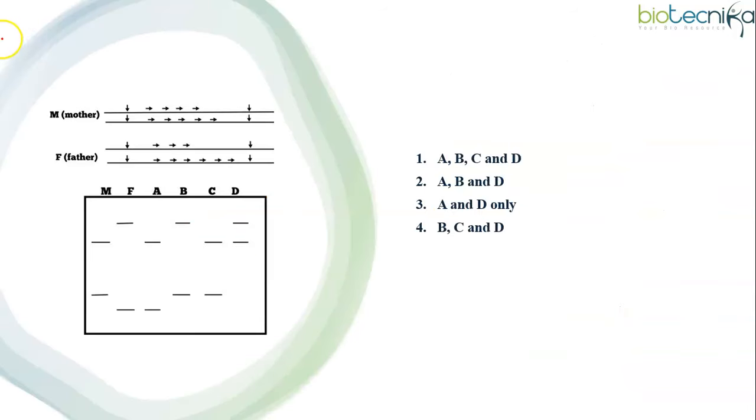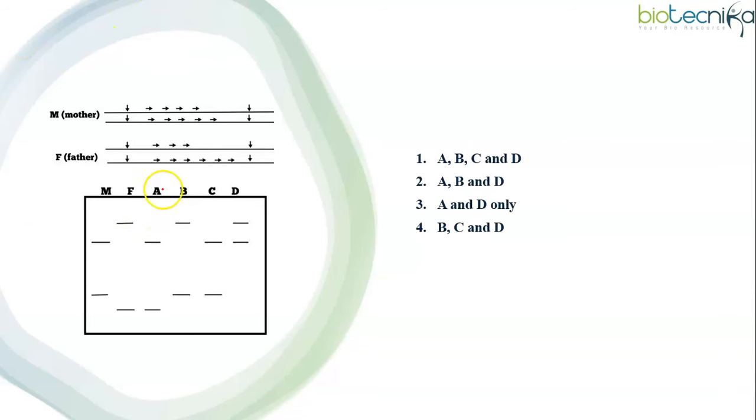So here also in this question, a band profile, a Southern blot, is given to us. All you need to do is simply look at the progeny. If the child belongs to the mother and father, their bands will match with the bands of mother and father.